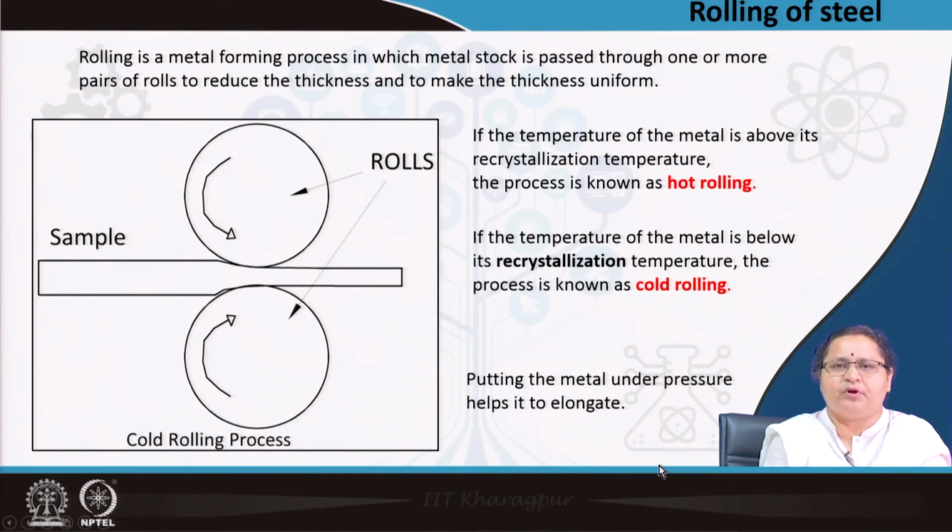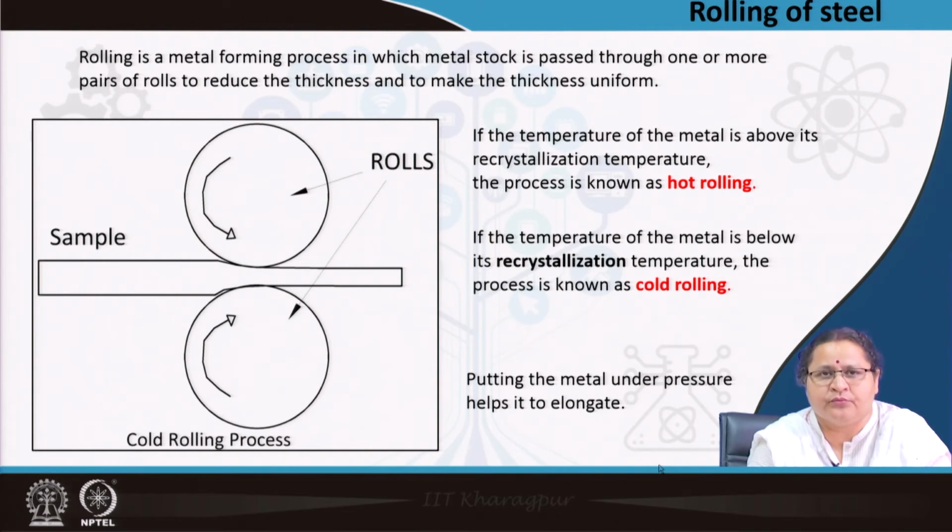Now, coming to the process of rolling of steel. Why are we coming to this? Because we as architects need to know how to use steel in the building industry.